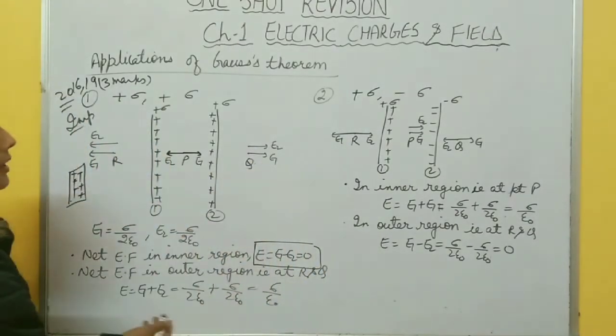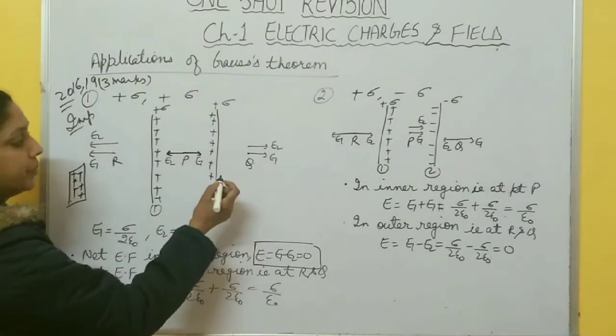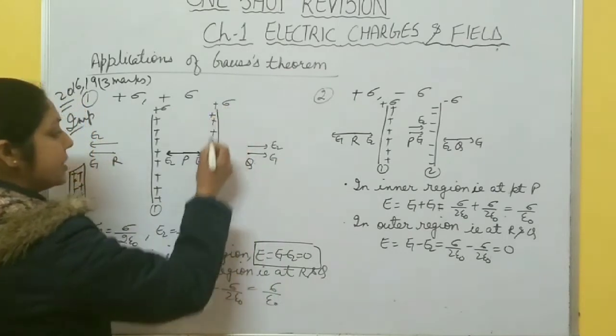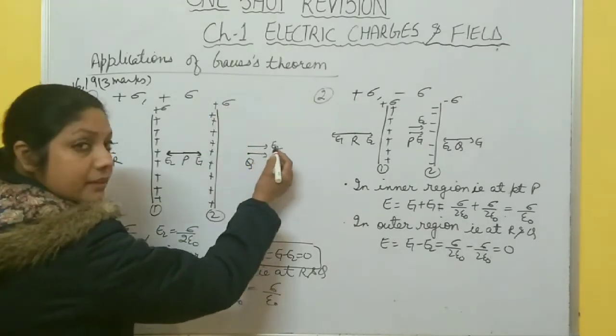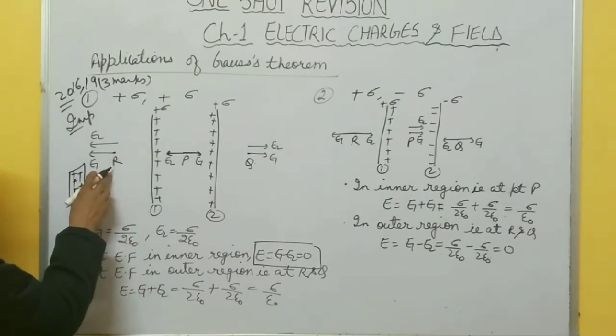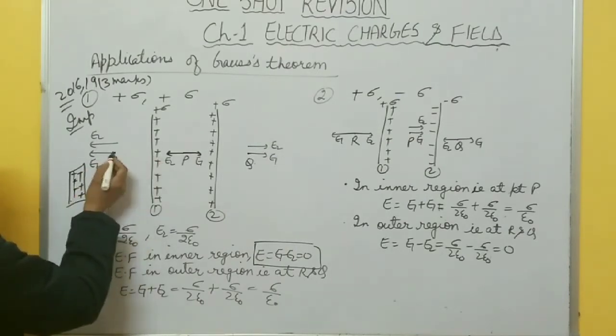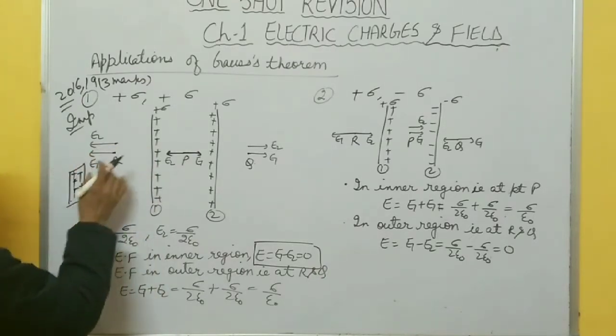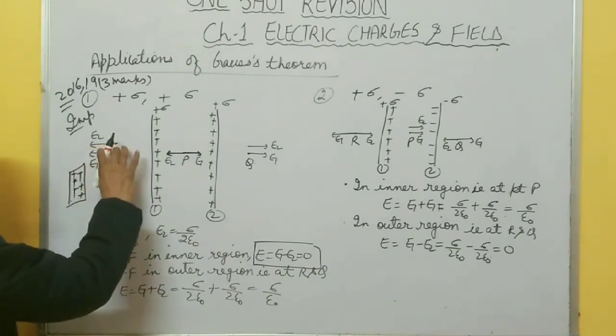Now, in the outer region, suppose at this point Q, due to this first plate, electric field is in this direction. Due to second plate, also electric field is in the same direction. And in this region also, on the left side, due to this plate, electric field is this direction. Due to second plate, also electric field is in this direction.